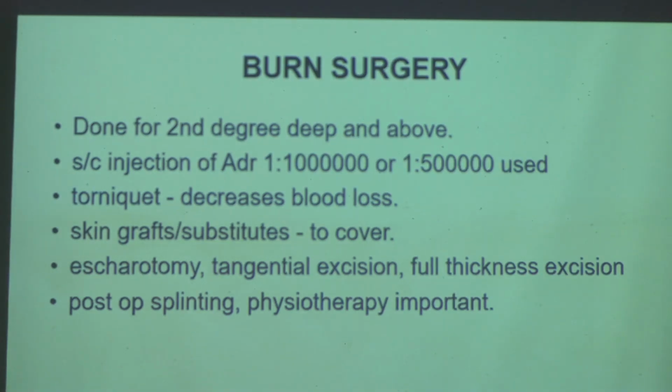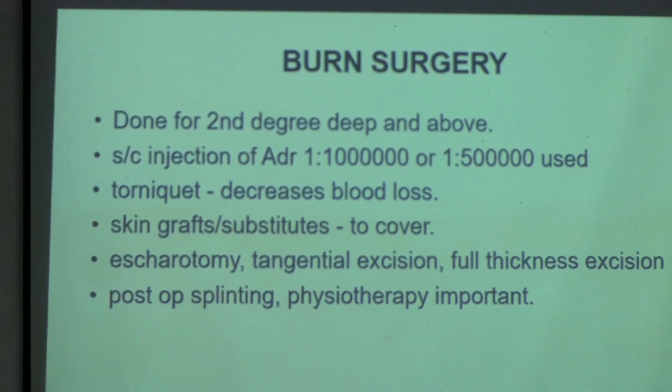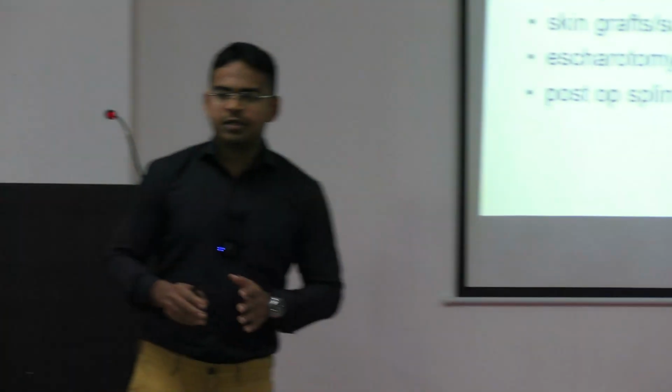So burn surgery is done mainly for second degree burn and above. For first degree burn, which is limited to the epidermis, no surgery is required. Clear? For second degree and above, we do. Before you do any surgery, you have to make sure that there is no bleeding and no pain, because you'll be cutting the skin.